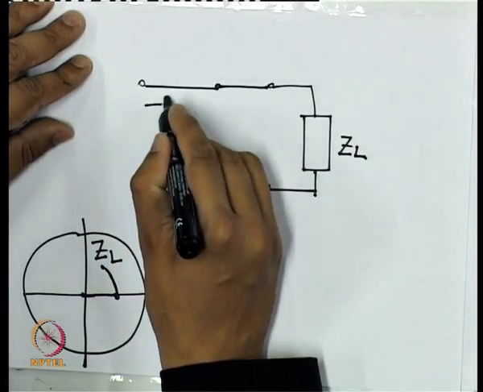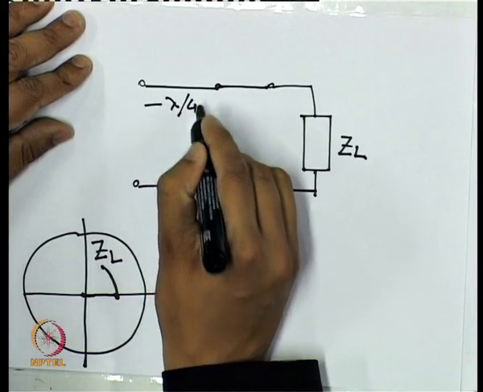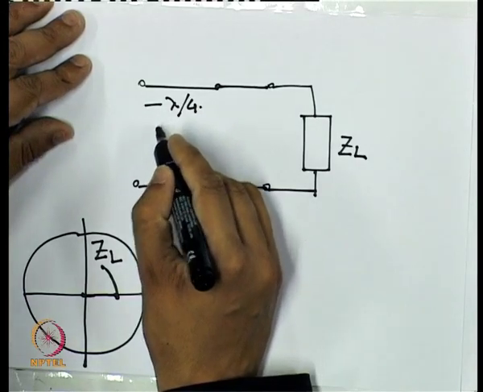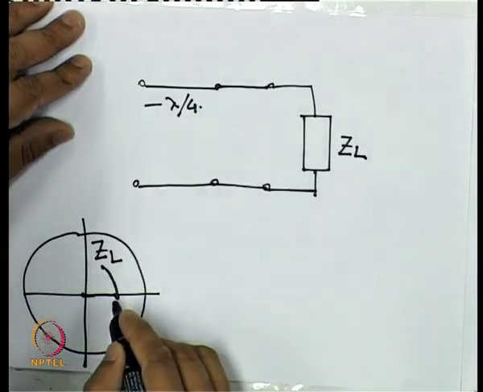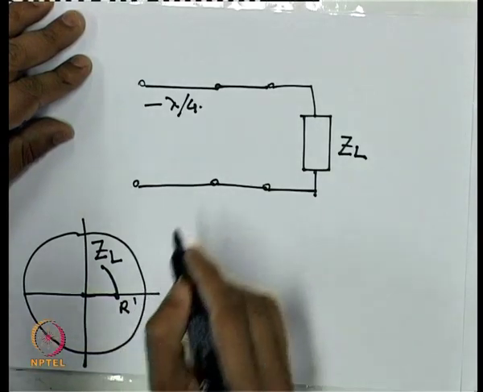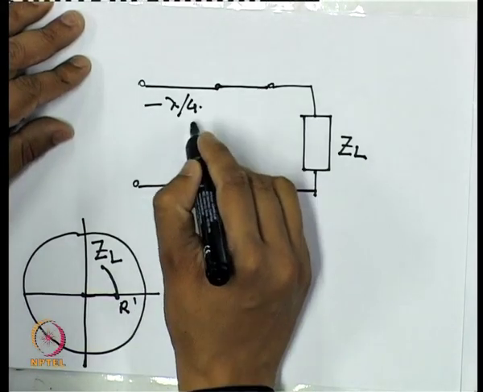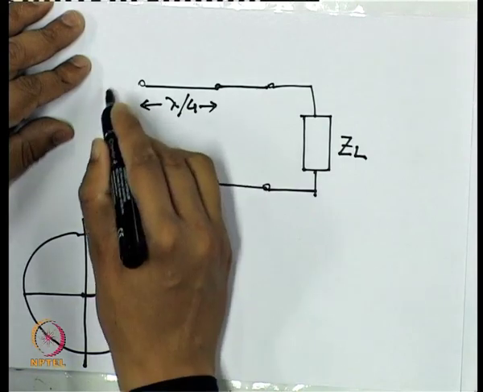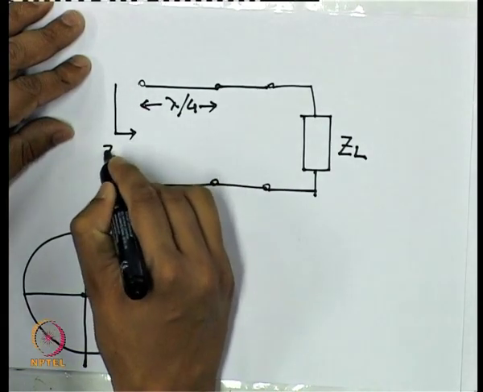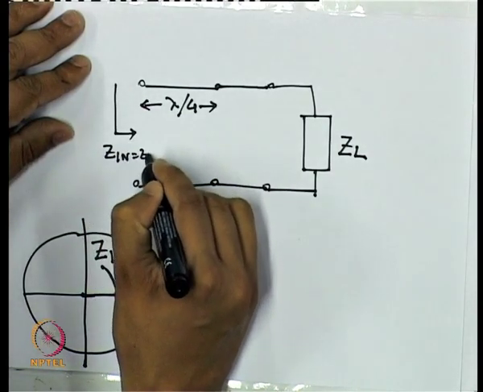So, this is lambda by 4, but here suppose this point is r dash, and say we have to see an input Z in equal to Z0, this point.